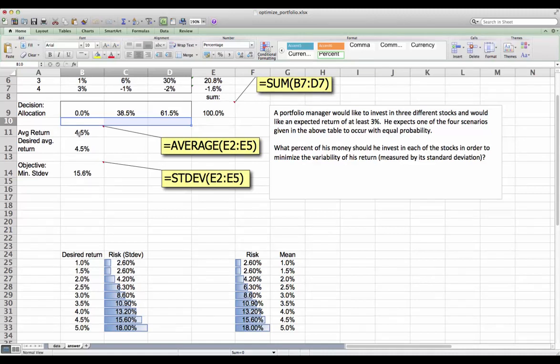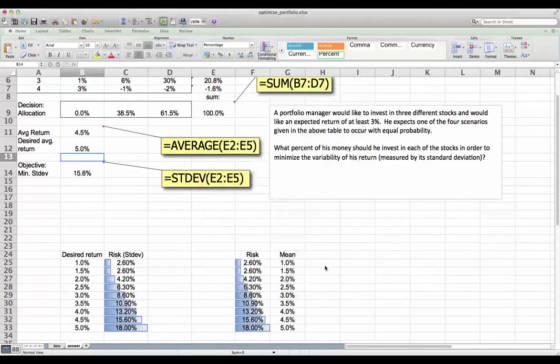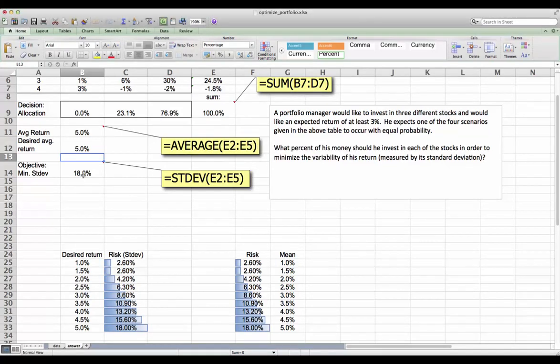Now, we could change this average return systematically and generate the following table. Suppose we increase this to 5%, and let's run it again. As you might have guessed, as your average return goes up, your objective, the standard deviation, the risk, also increases.